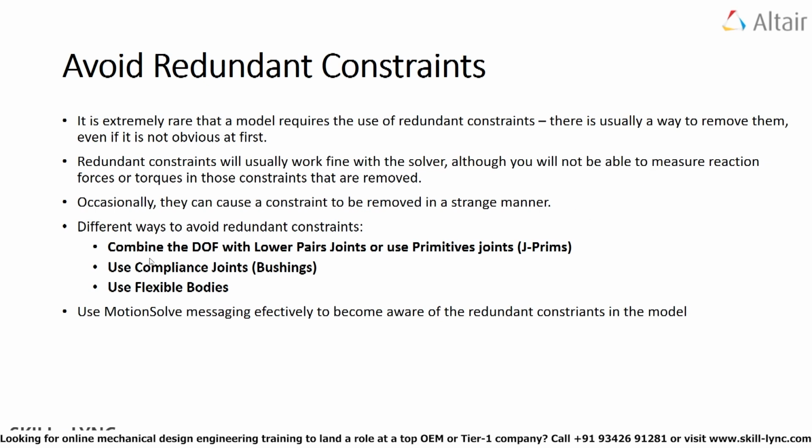The first way is combining the degrees of freedom with the lower pair joints or the joint primitives. I will explain them in detail in the upcoming slides. The second is making use of the compliant joints or the bushings. And the third way is to use flexible bodies in your model building process. This is a very effective approach, but of course at the expense of computation time.